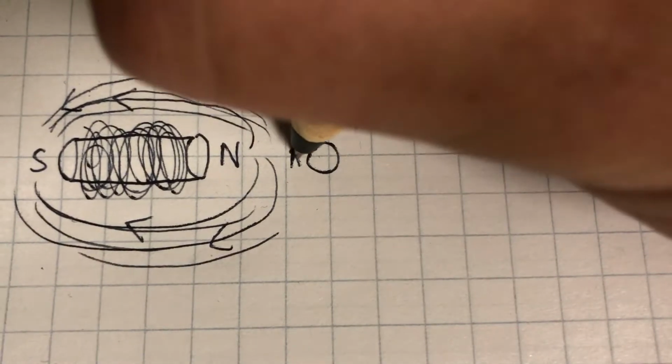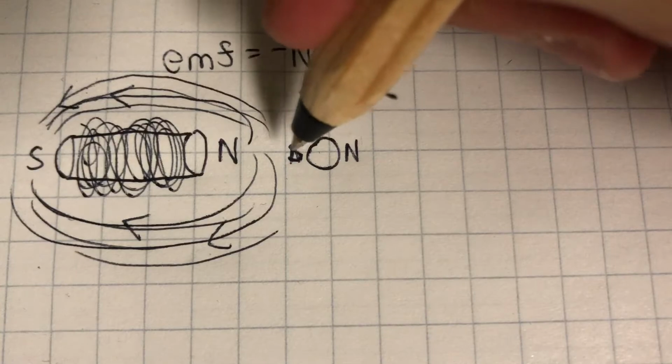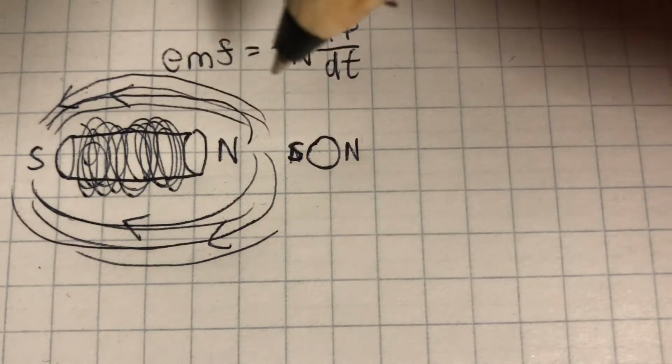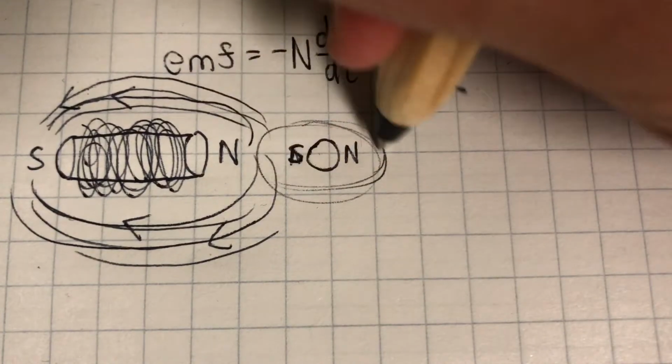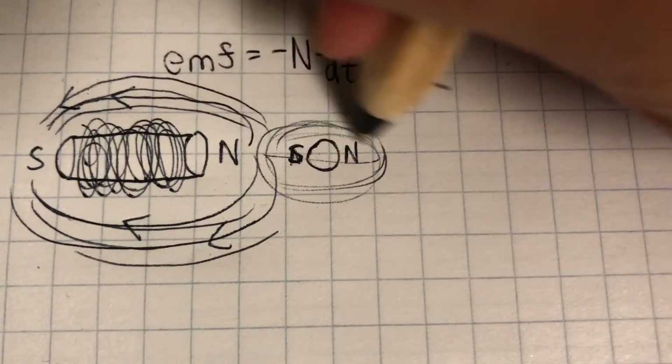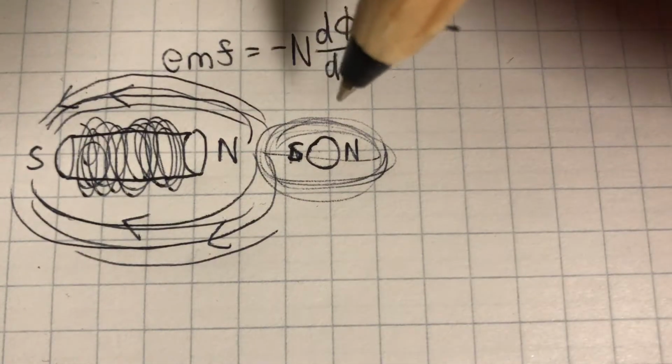This is going to be south and north, because the south is going to want to attract north, and it's going to have a magnetic field surrounding it, like that. Sorry if the drawing is not good, I apologize.